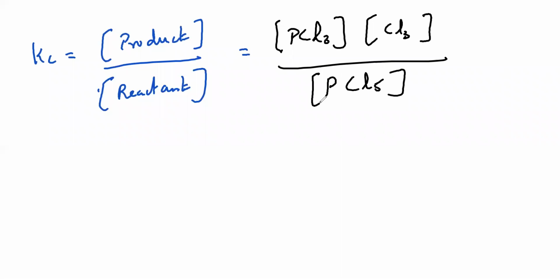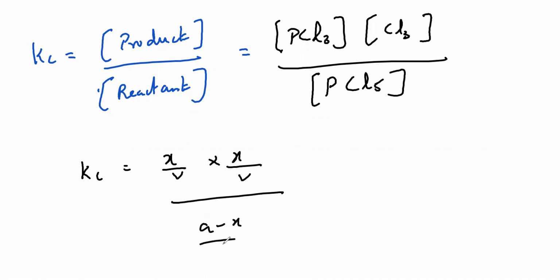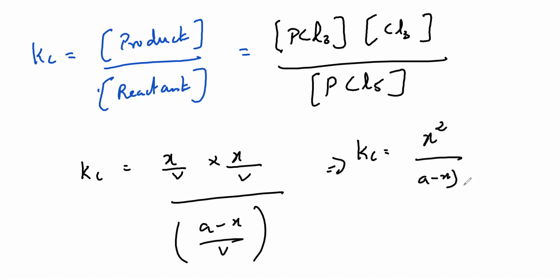So Kc is nothing but X by V into the same X by V, divided by A minus X by V. Simplifying, we get Kc is equal to X square by A minus X into V.